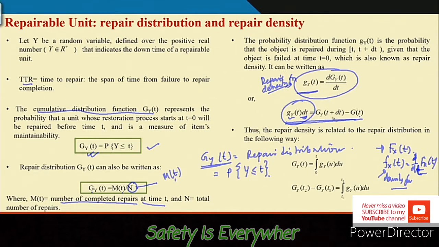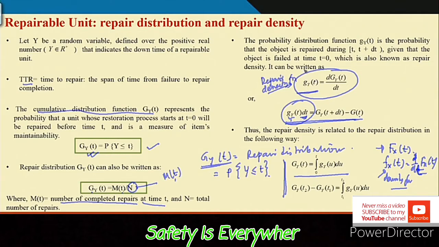So, now this one can be written in this form also. If I know the density, I also know the distribution. That means, what is the cumulative distribution if you know the density? It is the integration of density. So, that is what you have written here. So, capital G_Y(t) equal to the integral from 0 to t of small g_Y(u) du.